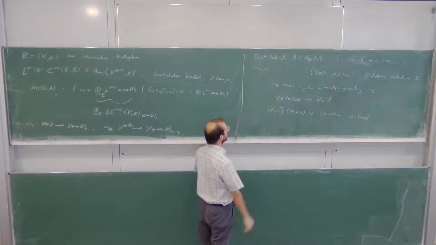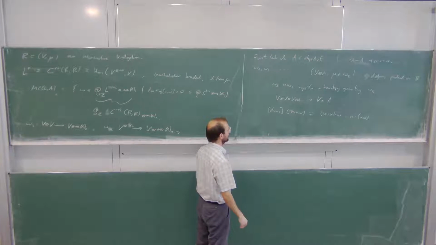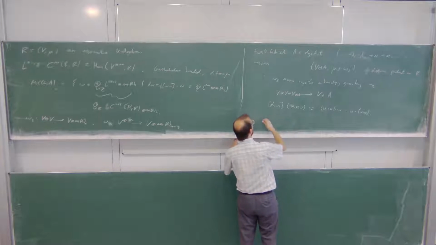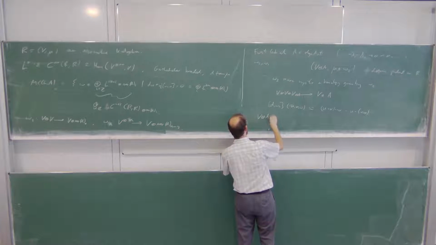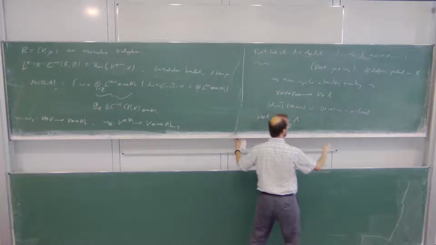And then that in turn satisfies further relations and so on. And what's happening is V tensor A is what's called an A infinity algebra.